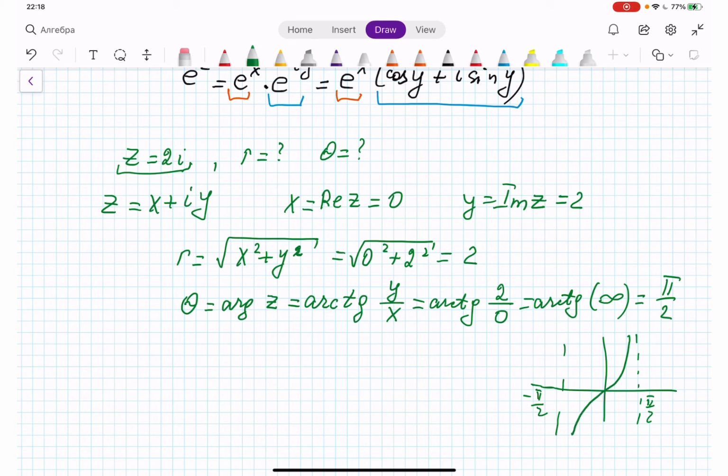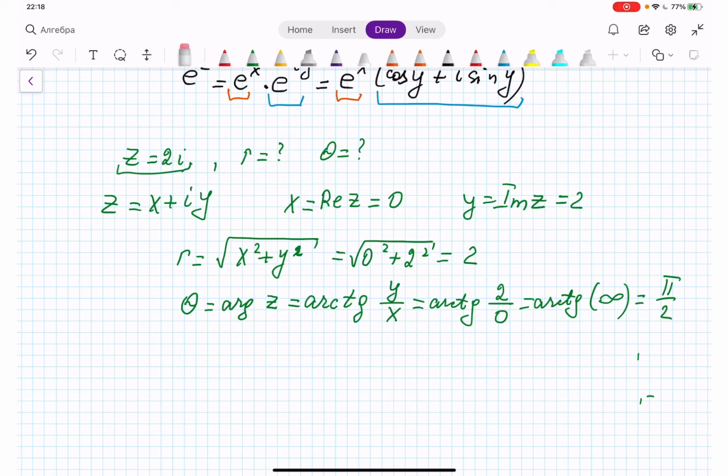And as you can see, at the point of half a pi, it never touches it because half a pi is an asymptote. So it's running to infinity. That's why arctangent of infinity is equal to half a pi. Negative half a pi is also an asymptote. So arctangent of negative infinity is going to be equal to negative half a pi. Okay.